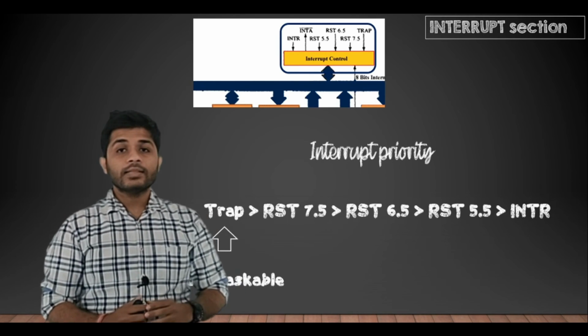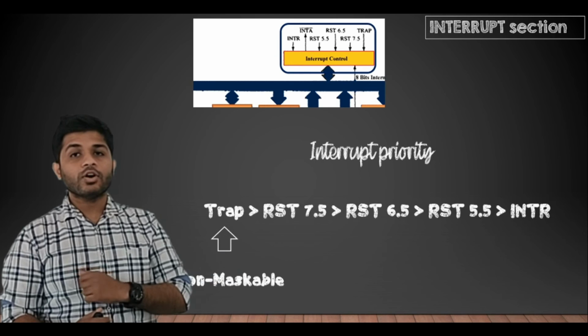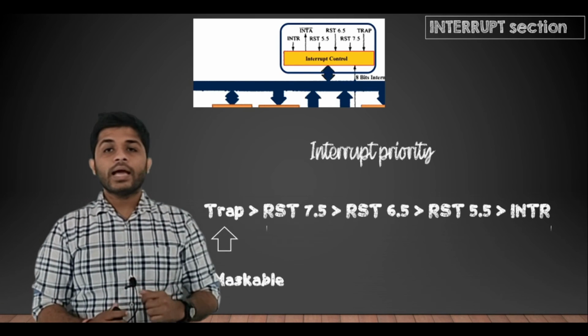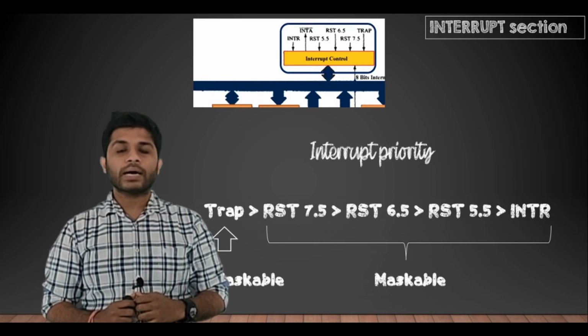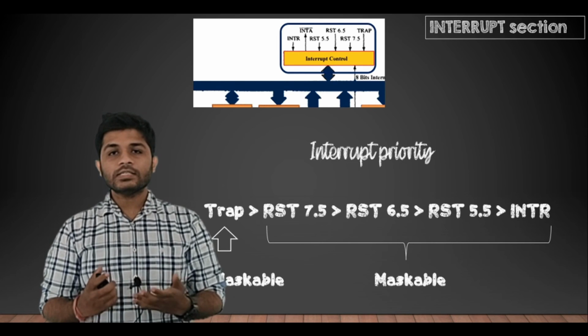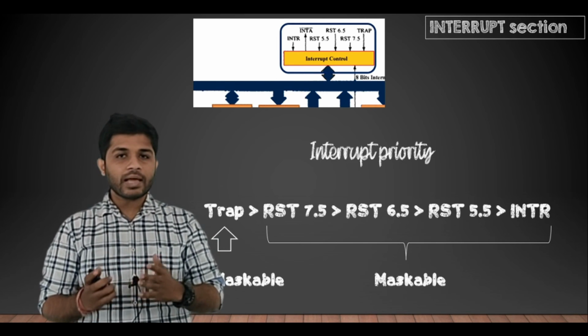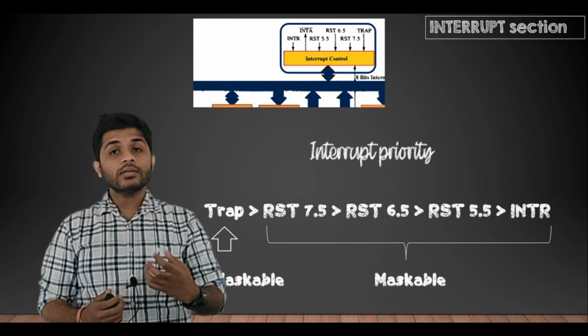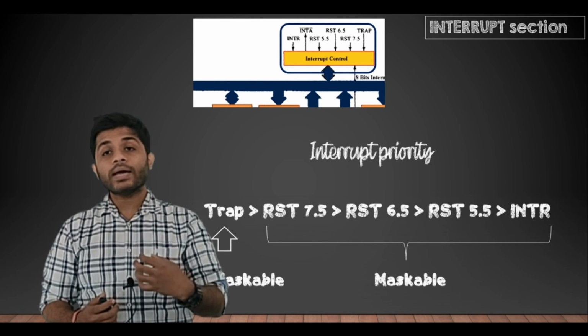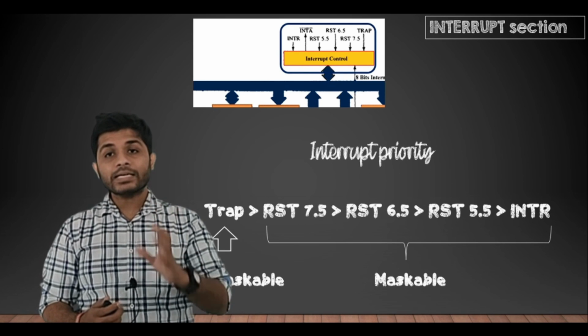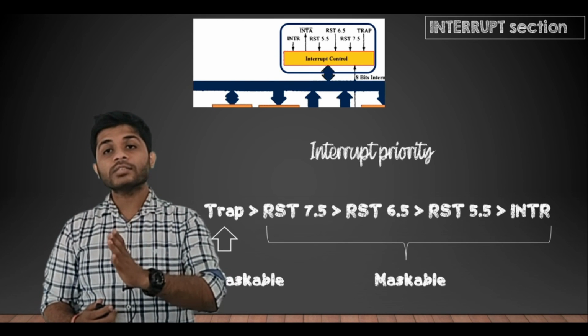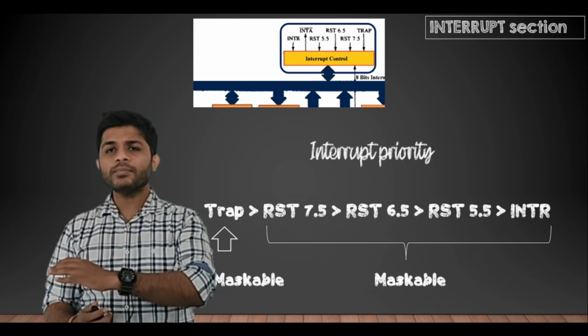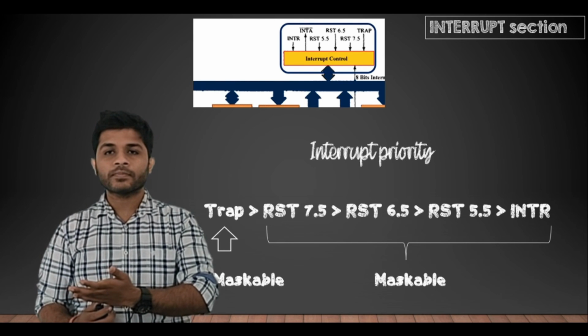You can see that TRAP is a non-maskable interrupt and the remaining interrupts are maskable. Now what is the meaning of non-maskable and maskable? Maskable means that if the processor is performing a very important program, it can mask those interrupts which are less important or not important.